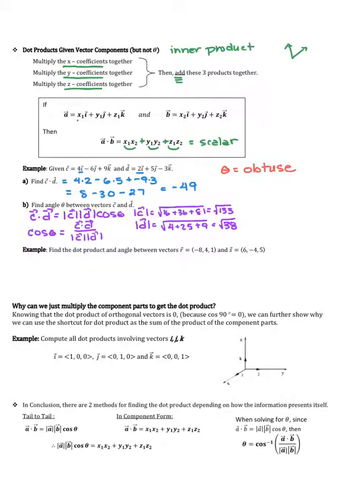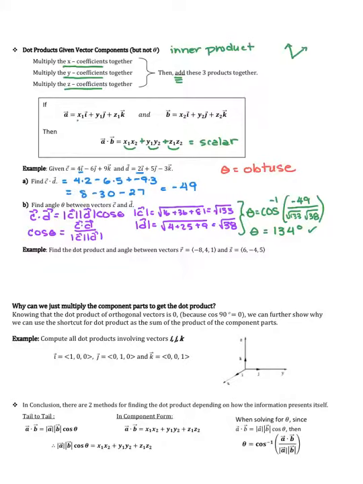So putting that all together, we can find the angle. We know that theta is going to be the inverse cosine of the dot product, which is -49, over the two magnitudes, square root of 133 times square root of 38. And it turns out that theta is going to equal about 134 degrees, which checks with it being obtuse and the dot product being negative.